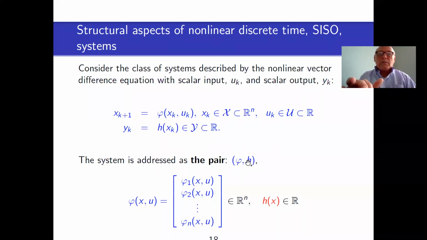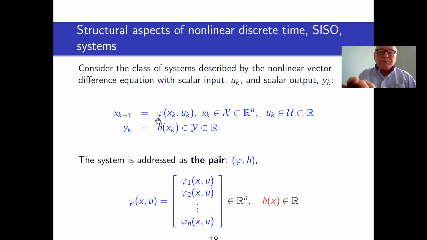That's our simplification of all these equations. X is a vector in Rn, taking values in sufficiently large open sets in Rn. The controls are scalar controls, and the outputs are scalar outputs.